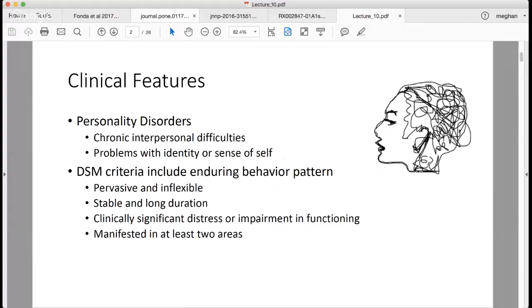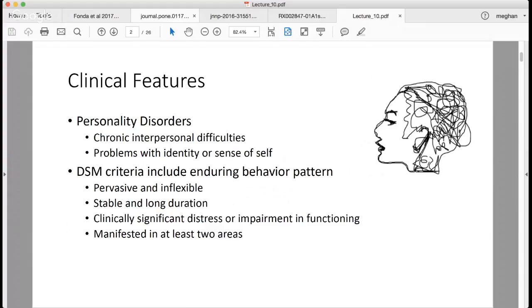The general features that characterize personality disorders include chronic interpersonal difficulties, problems with one's identity or sense of self, as we discussed a bit before, and an inability to function well in society. In order for a personality disorder to be diagnosed, a person's enduring pattern of behavior must be pervasive and inflexible, as well as stable and long in duration.